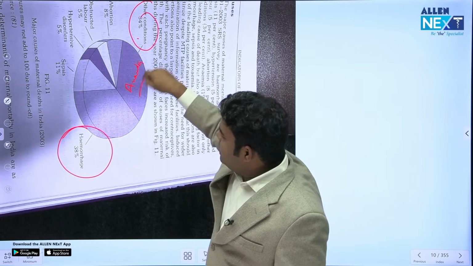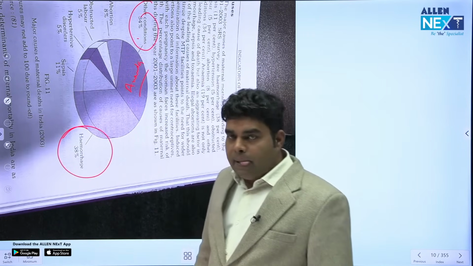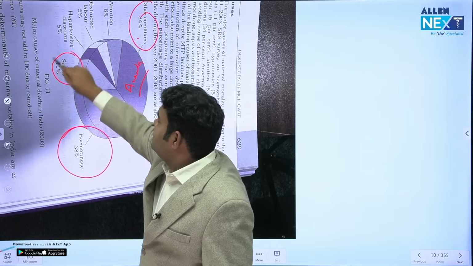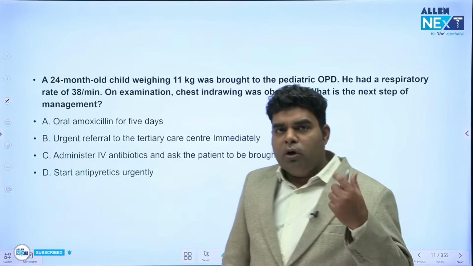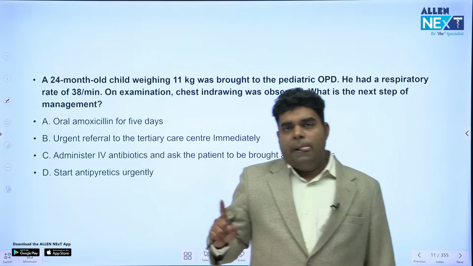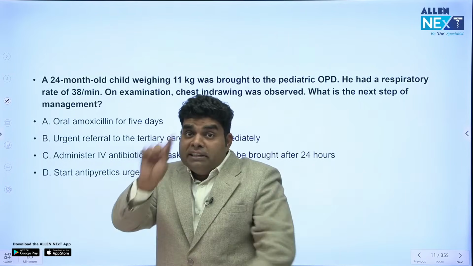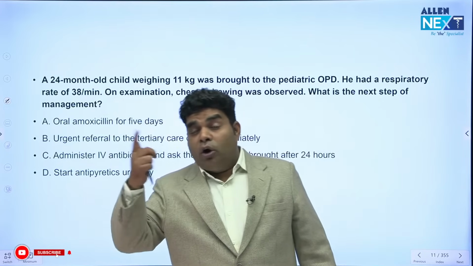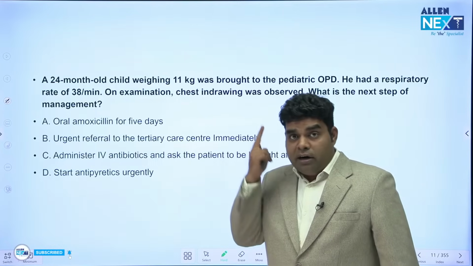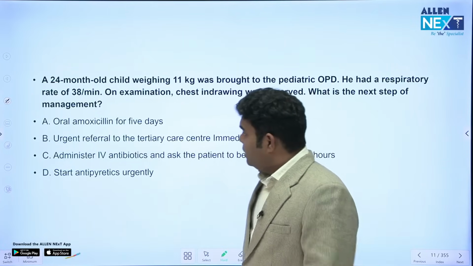So anemia is an indirect cause, the second important cause. Then the third cause is sepsis, hypertensive disorder, abortion and all those things. But remember, the most common cause of maternal death is PPH, and in PPH the most common reason is atonic uterus. The second cause is indirect causes like anemia or malaria or heart disease. Okay, I hope you remember.